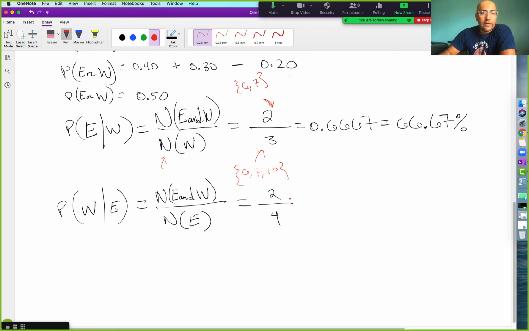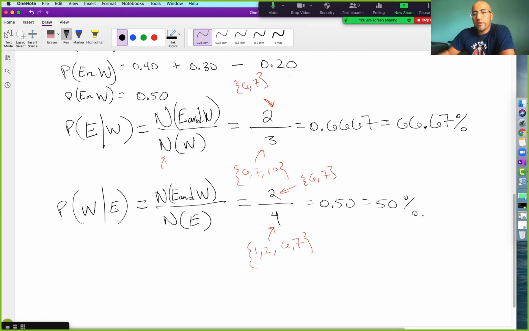Right? So again, this 2 is referring to the number of ways that we can both win, which is the 6 and the 7, whereas this 4 accounts for the ways in which I could have been a winner, which was the 1, the 2, the 6, and the 7. Good. Which then means it's 2 out of 4, or 50%, which means the odds he wins are now 50%.